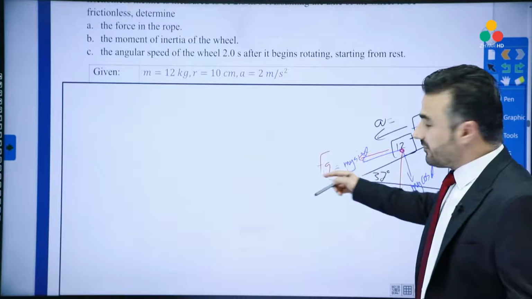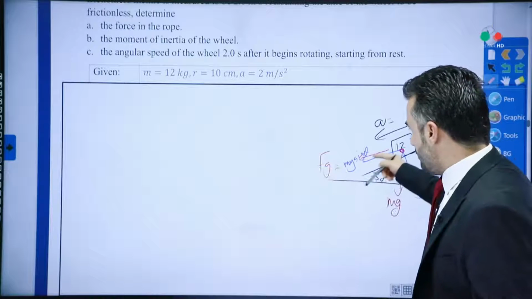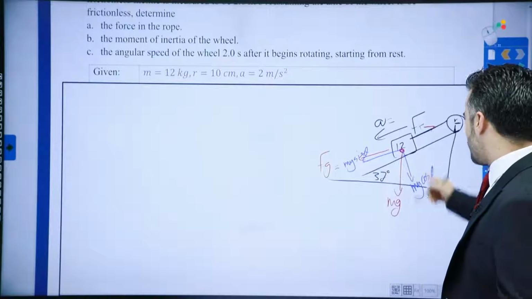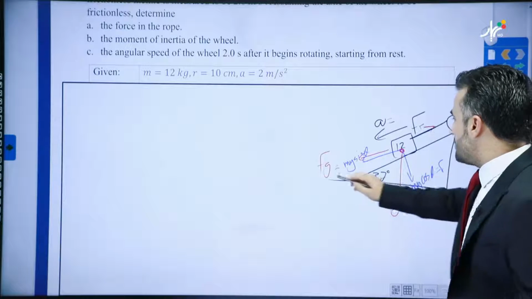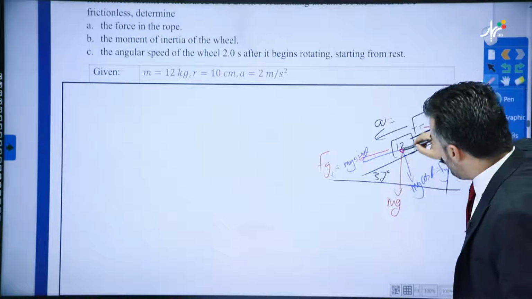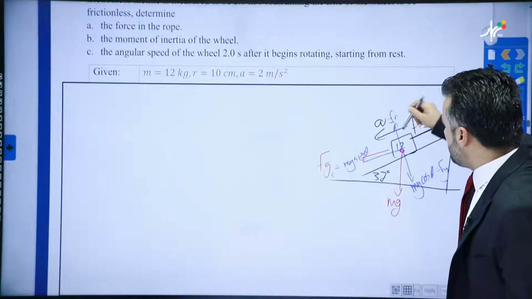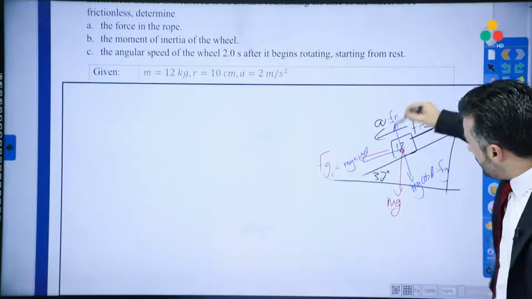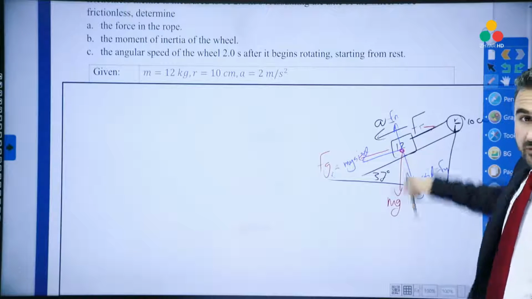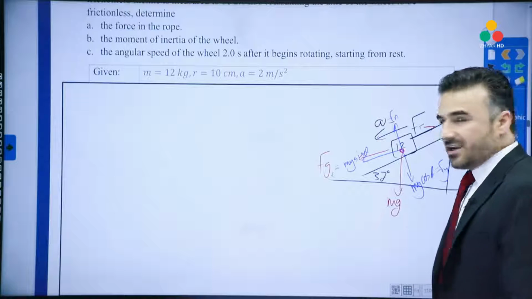This mg sine theta is the gravitational force on the x-axis, and the other is the gravitational force on the y-axis. You can call this Fgx and this Fgy. Do you know that there is a normal force here, Fn? These two are on the same line, so they will cancel each other out. So these two forces have no effect, okay?